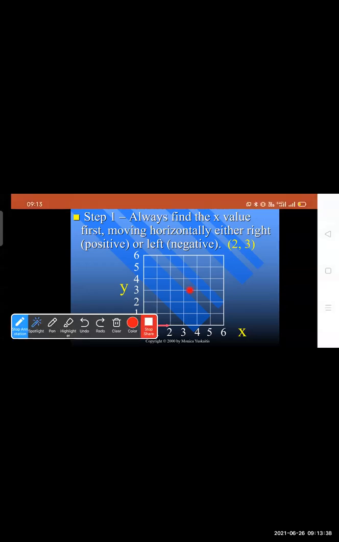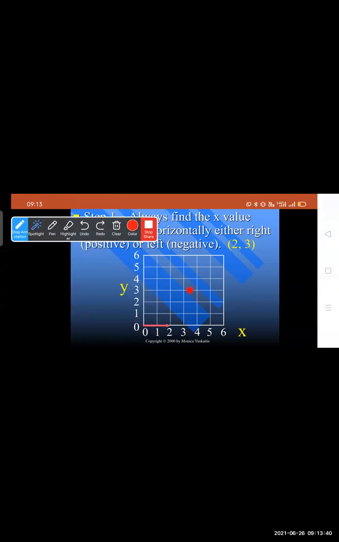The value is 2, so we move 1 and 2. We plot here 2. Clear? First find the x value and its sign.